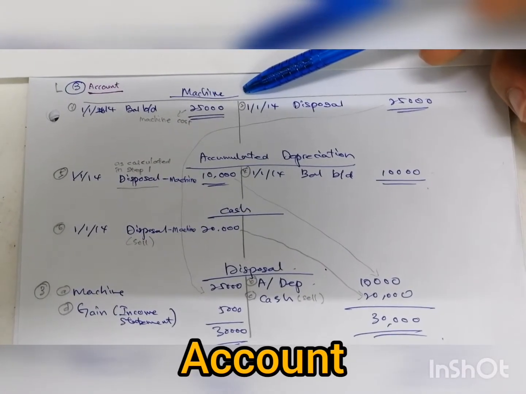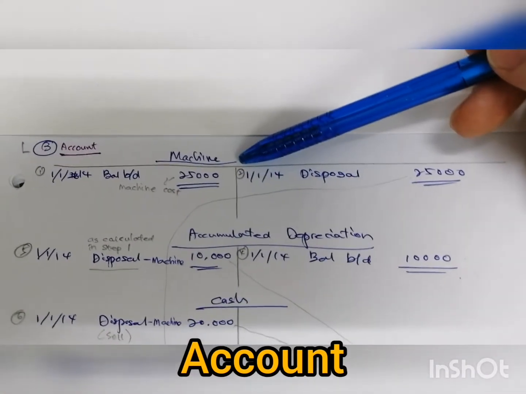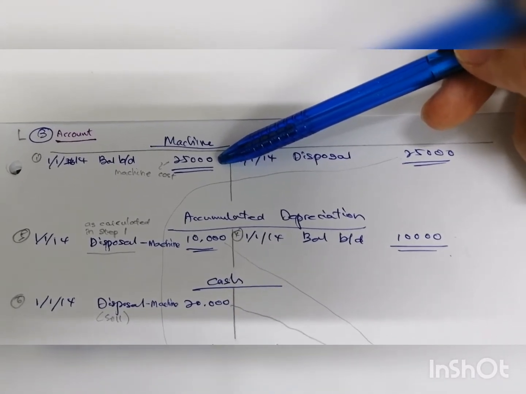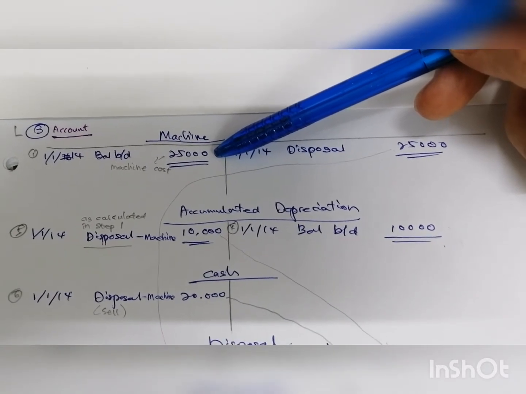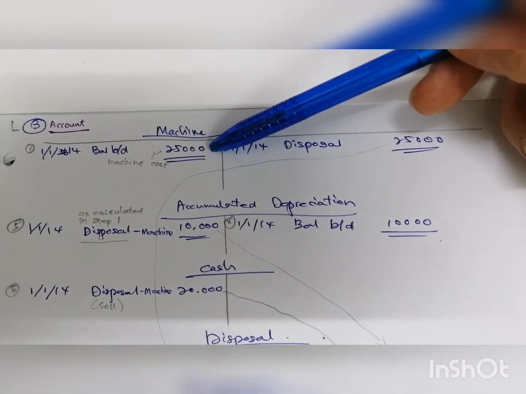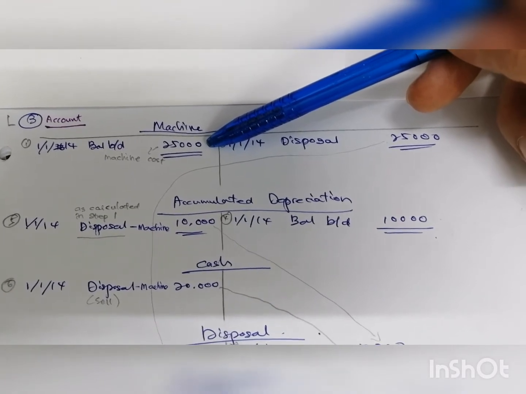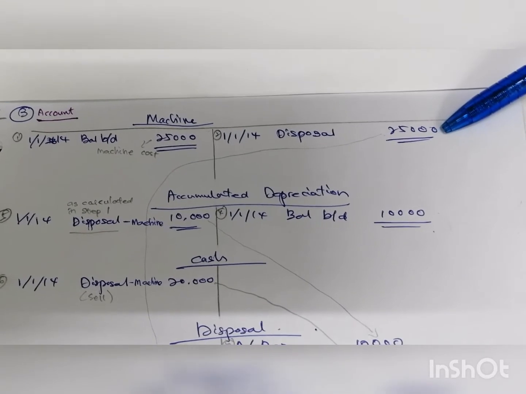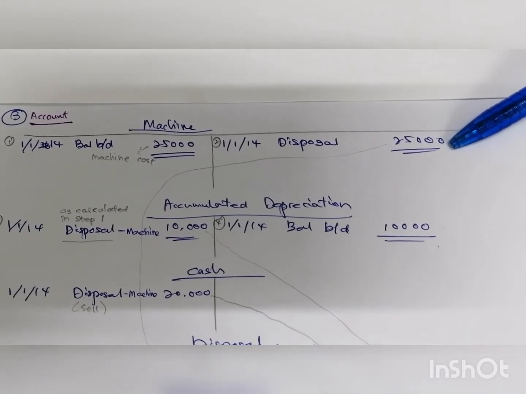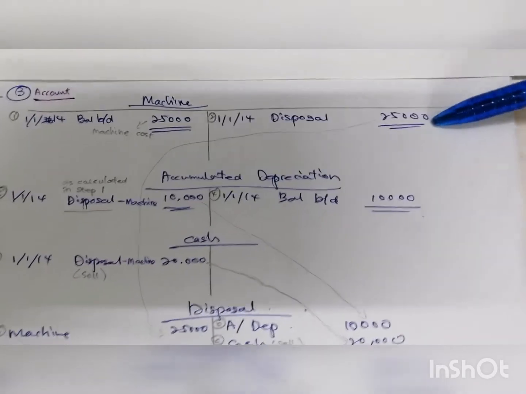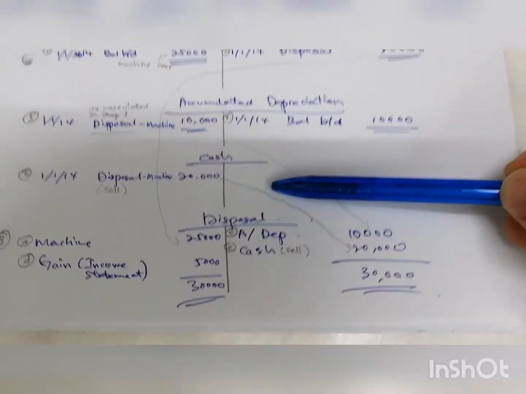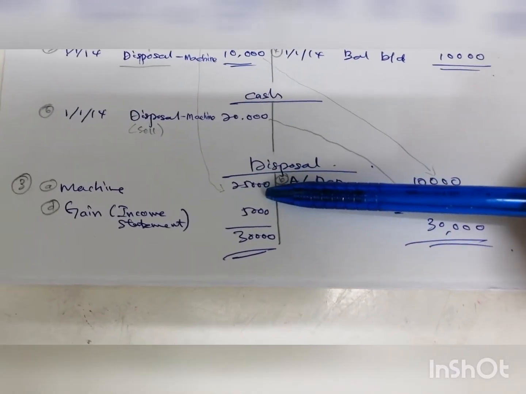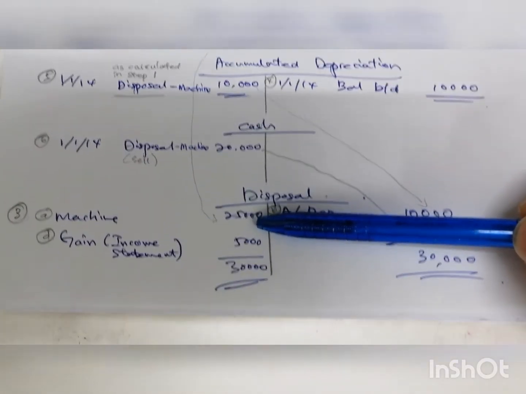Let's see the account for machine. On 1st January 2014, we got balance brought down 25,000. This is the machine cost. As we want to dispose the machine, we record on 1st January 2014 disposal 25,000, and this will bring to the T account for disposal and we debit machine 25,000.